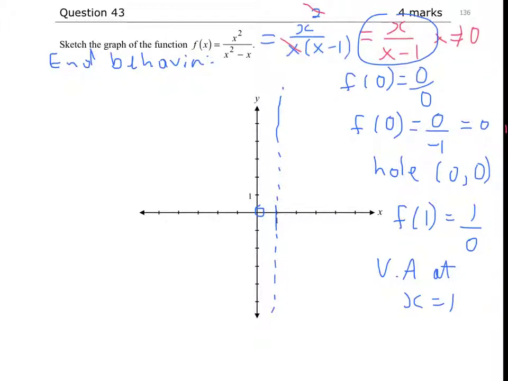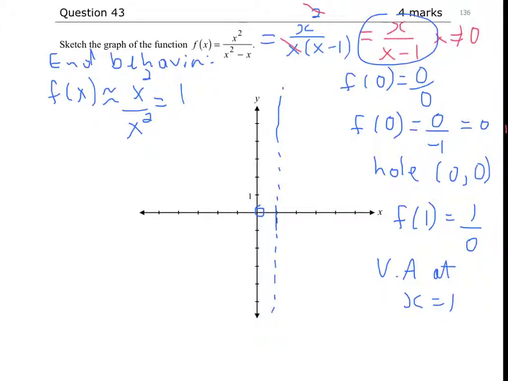What really matters is the x squared on the top, and on the bottom, the x squared. So x squared divided by x squared equals 1.